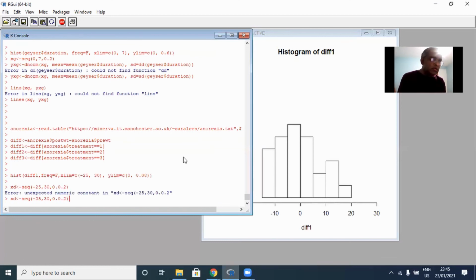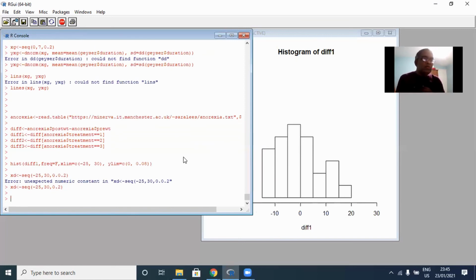Then I will compute yxd to be the values of the density of the normal distribution at xd, with the mean equal to the sample mean of diff1, and standard deviation equal to the sample standard deviation of diff1.